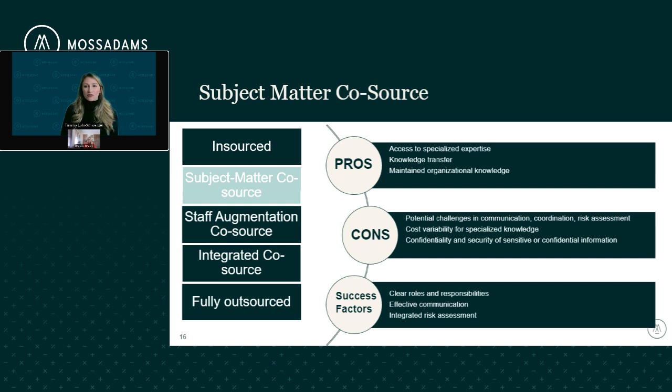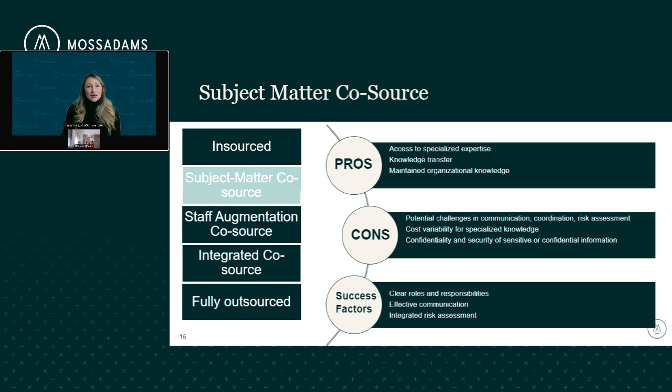Sometimes your external provider could also provide training or insights to that functional team or even the internal audit team, which helps upskill everyone across the institution and improve their capabilities over time. And because only this one engagement was outsourced, you keep that institutional knowledge and just augment with this very specific expertise.